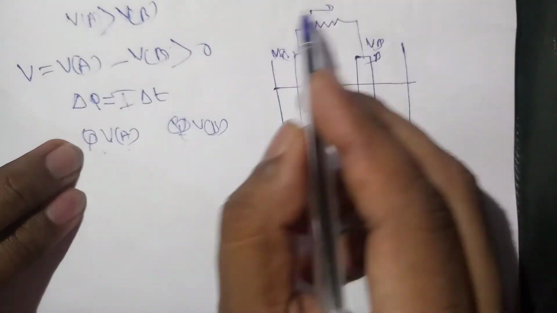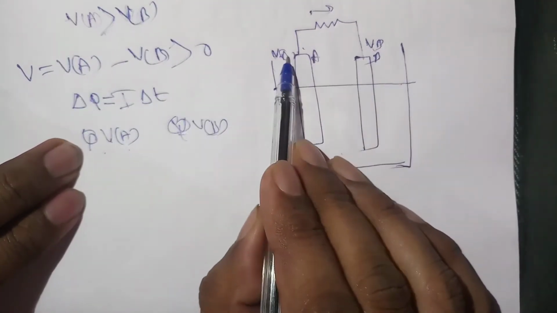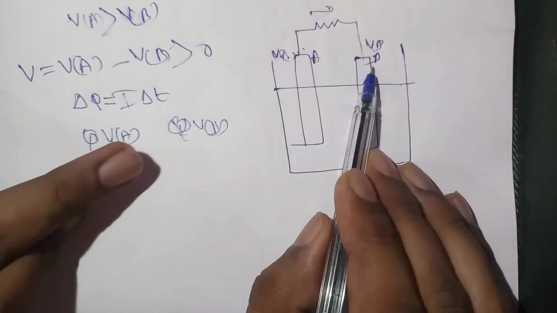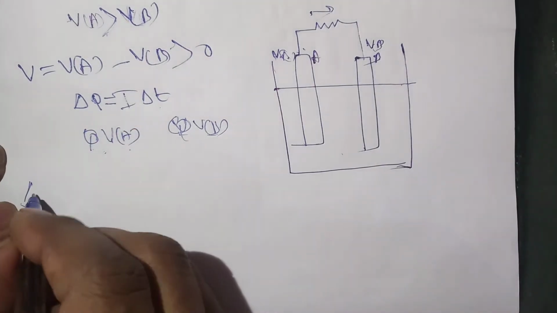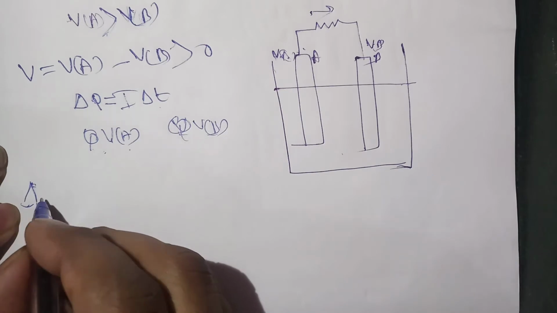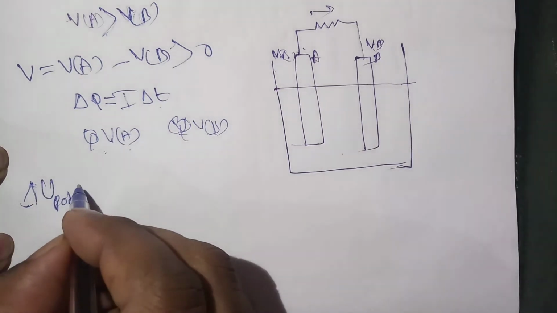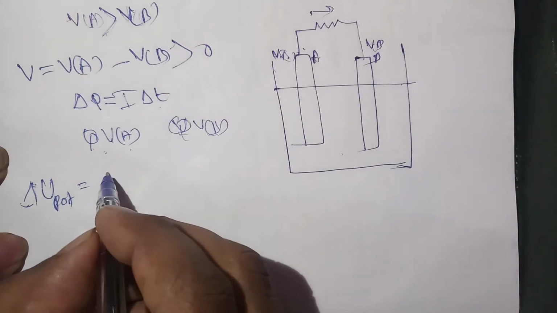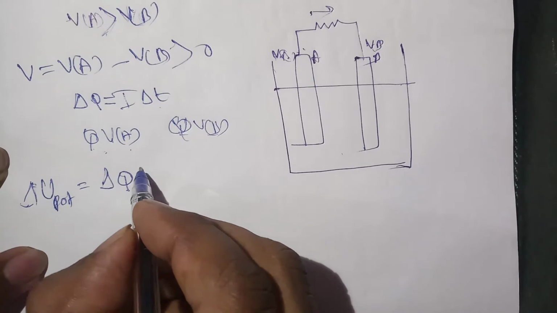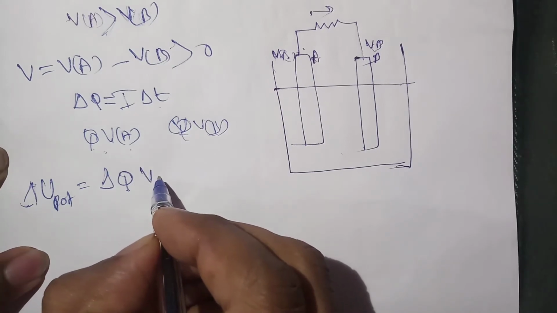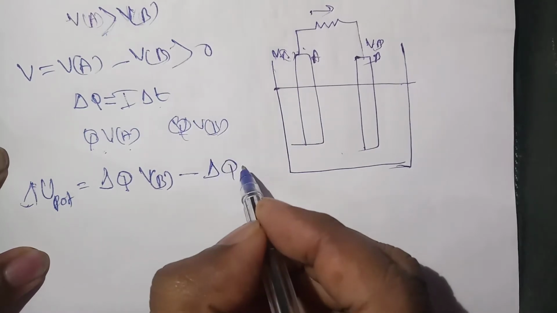Now when it is moving, there is a change in the potential energy. That will be the difference. Here the potential energy is Q into VA, and here the potential energy is Q into VB. So what will be the change in potential energy when it is flowing? That is given by delta U potential, that is, the change in potential energy is equal to delta Q into VB, that is the final, minus delta Q into VA.